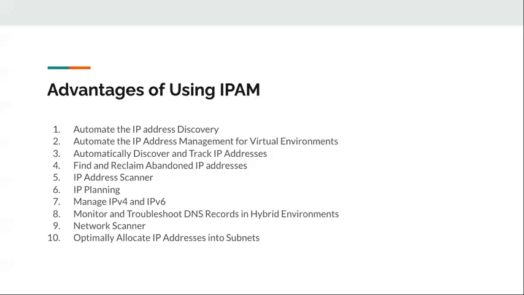So if we look at the IPAM, there are certain advantages. A particular IPAM may have all, none, or only a few of them, so it depends on which IPAM you select. But the major advantage of using the IPAM is automated IP address discovery. It can automatically discover the IP addresses which are getting assigned to your machines.